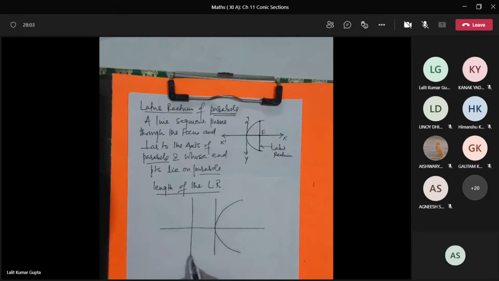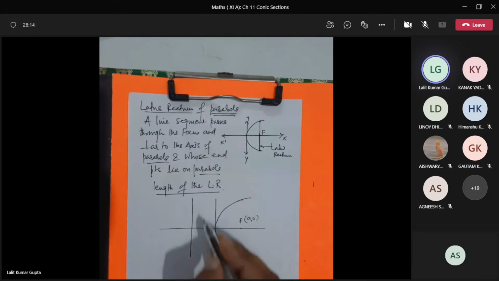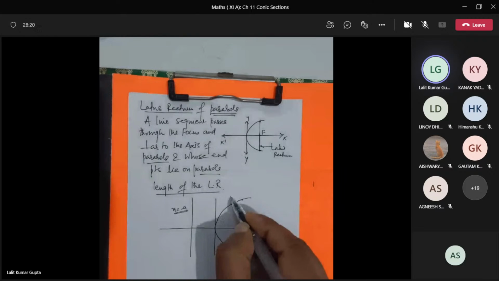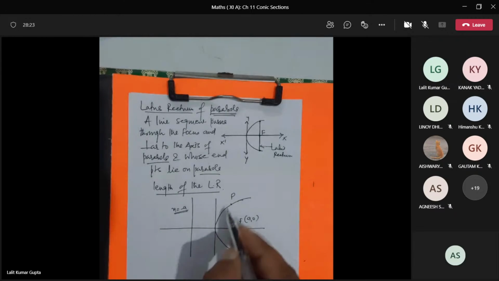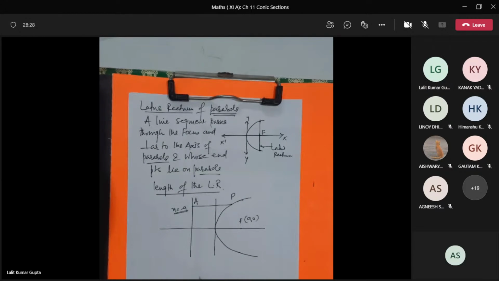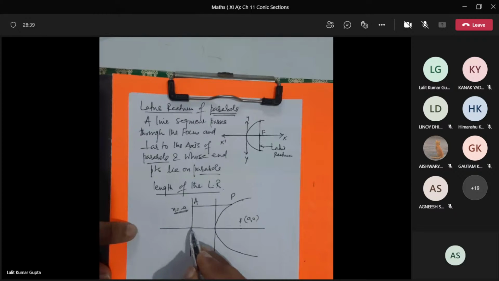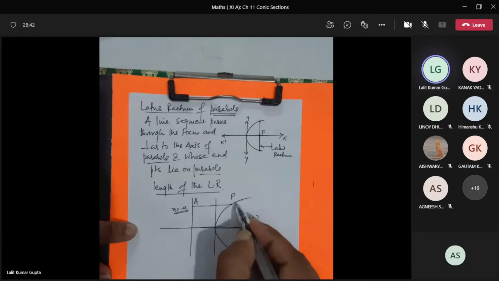This is the fixed line. This is the fixed point, and let us call it F. The coordinate of this is (a, 0), and this is at a distance of a units. Suppose this is a point P. This is F. Let me take the point a little differently.